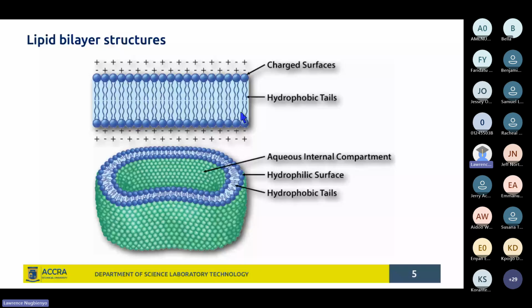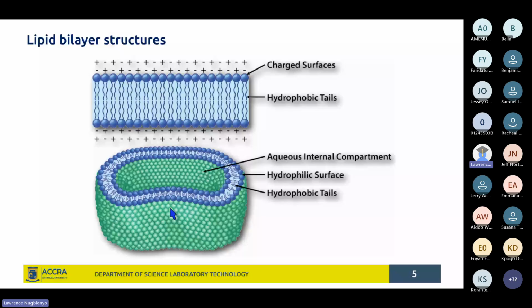Now, you can also have structures of a more complex nature that are forming from these bilayers, so that you can have a bilayer structure, the vesicle which we saw. If you look at it in 3D form, this is how it will look, like some basket that is forming.